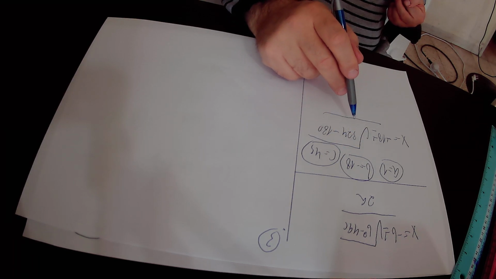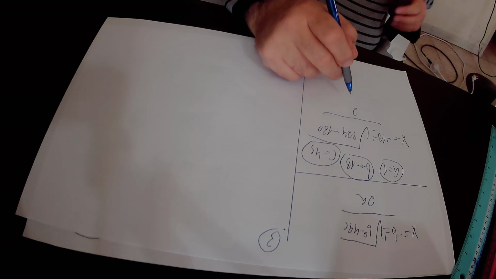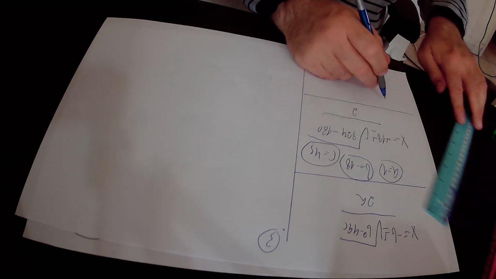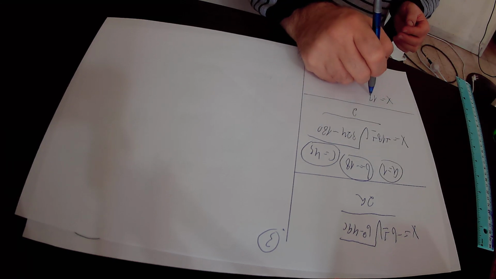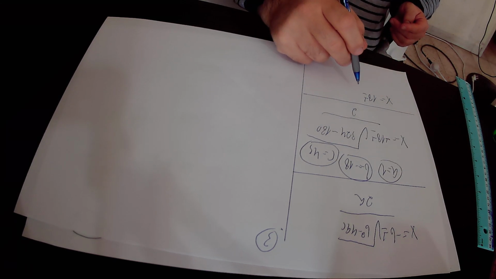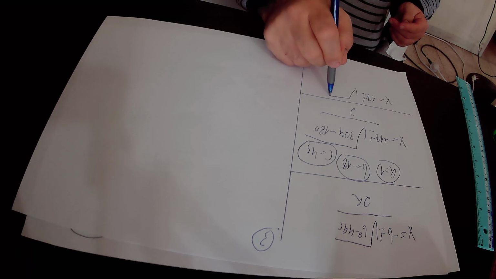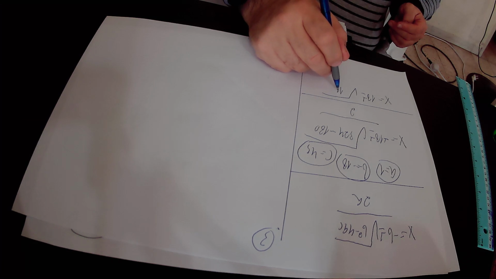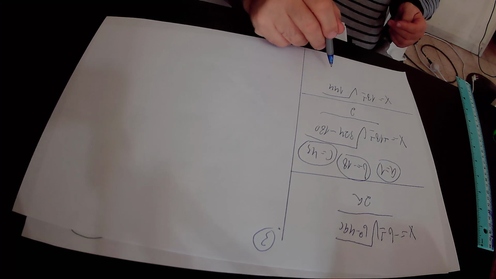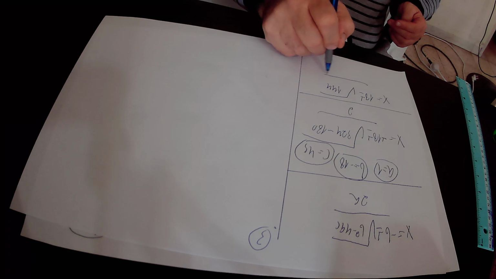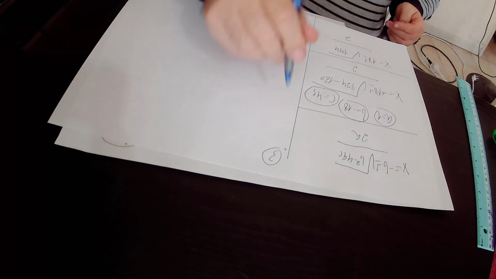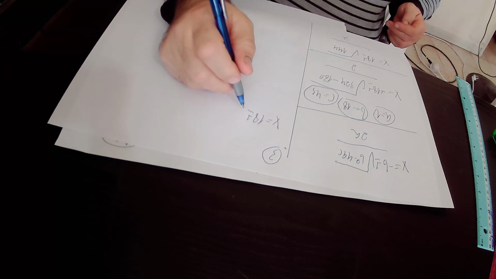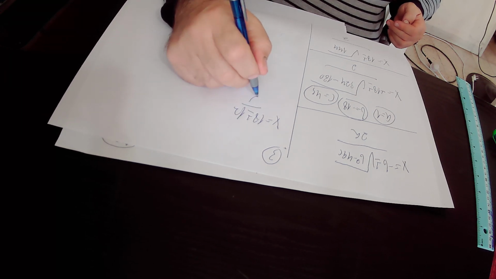A is 1, so 2a is 2 times 1, that is 2. In conclusion, we found that x equals 18 plus minus the square root of 324 minus 180 is 144, so inside the root we are left only with 144, divided by 2. So x equals 18 plus minus the square root of 144, which is 12, over 2.